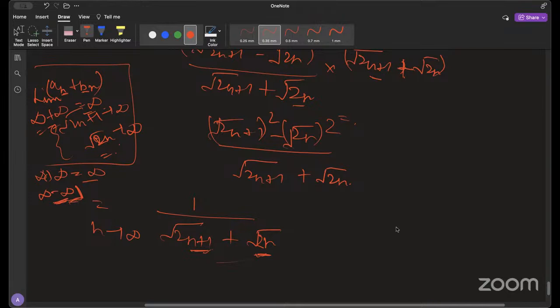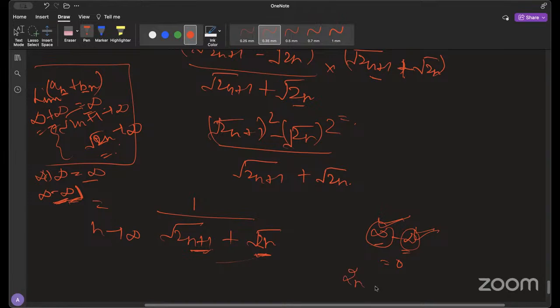You can look at infinity as something very huge. If something very huge is added to something very huge, you'll get something very huge only. But if you subtract, this is something very huge and this is something very huge, but these two very big things are not equal, so you won't get a zero here. We don't know what we'll get.